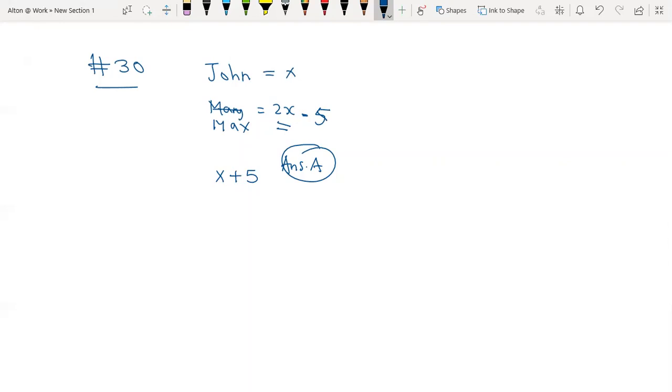Okay, and in number 31, when 8 is subtracted from a certain number and the result is multiplied by 3, the answer is 21. What is the original number? Well, let x represent the original number.